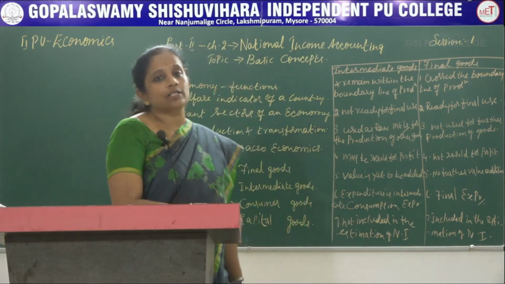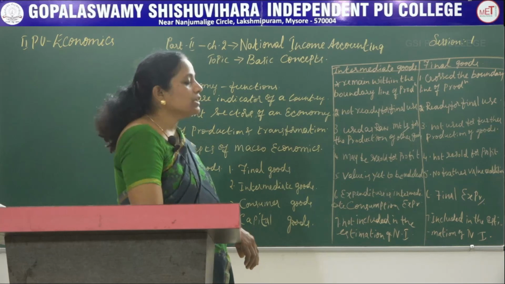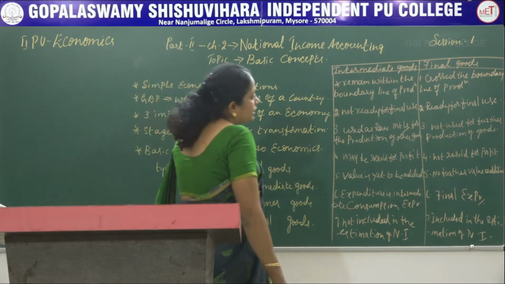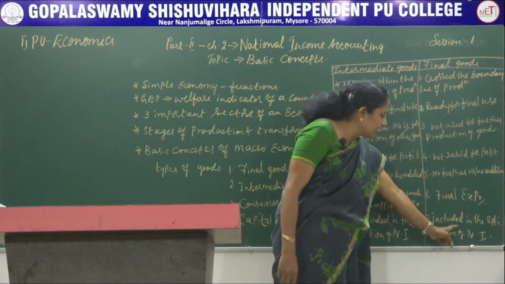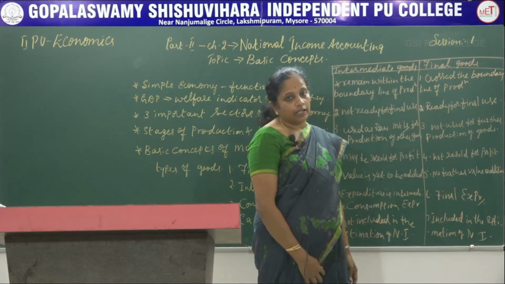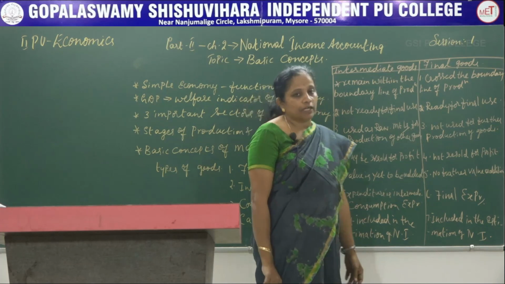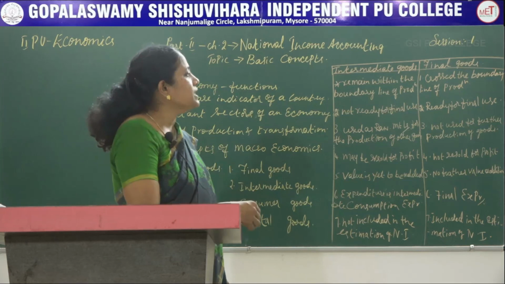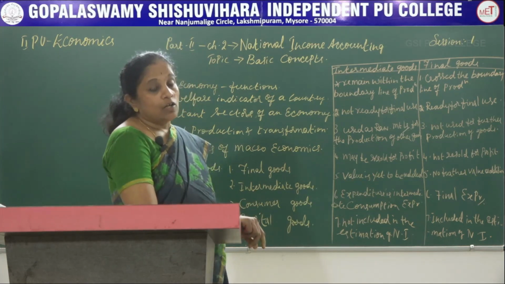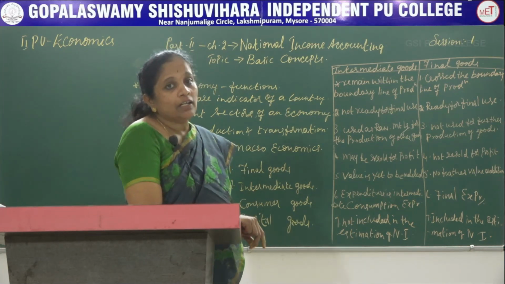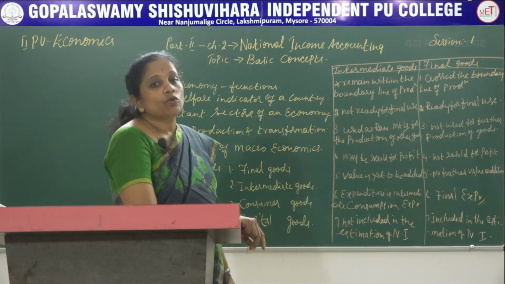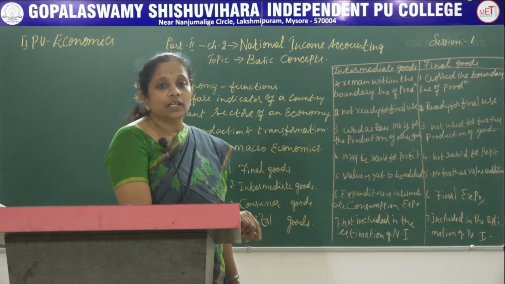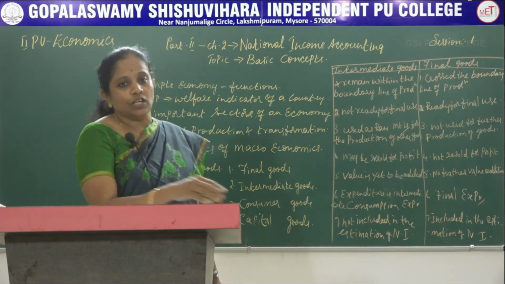They are not considered when a country's national income is being calculated, whereas the final goods are included in the estimation of national income. The national income of a country takes into consideration the final goods which are readily available in the market. With the help of these final goods only, the sum total of the goods produced over a period of a year is considered in the calculation of GDP.